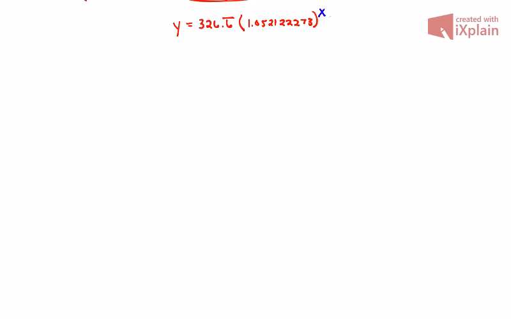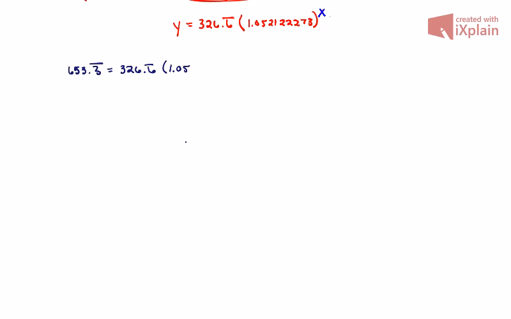We're concerned at what time we are going to see a doubling. So if I started off with 326.6 repeating bacteria, when am I going to see 653.3 repeating bacteria?